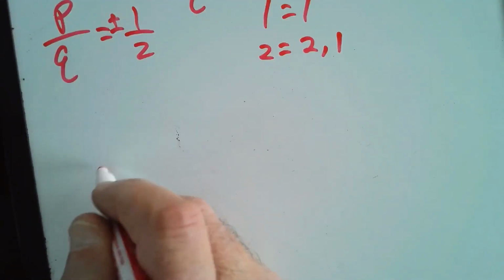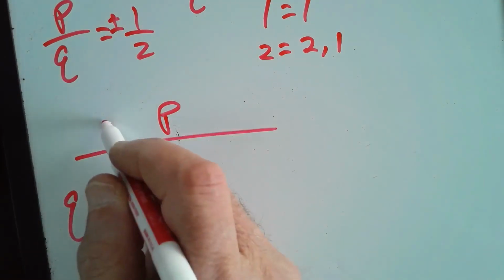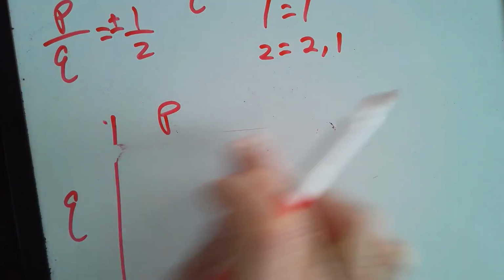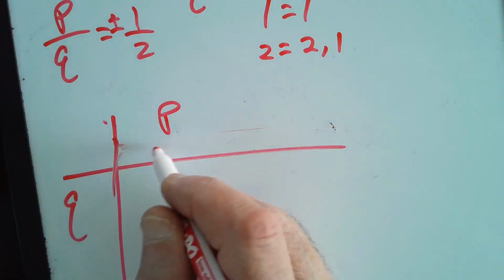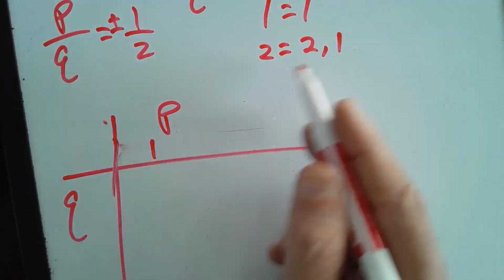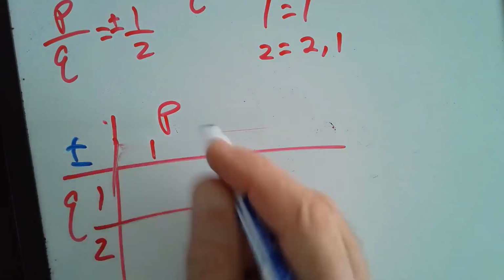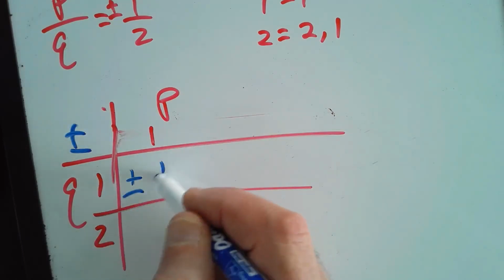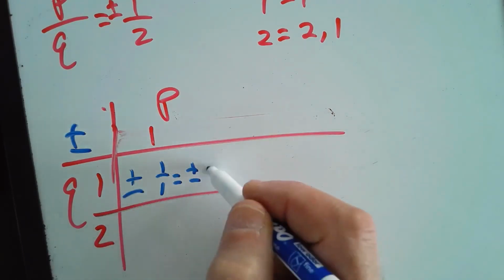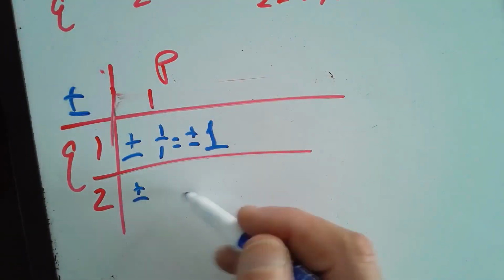I like to use the table method where P is on the top and Q is off to the side. Factors of 1 is just 1. Factors of 2 are 1 and 2. You use plus or minus here. So this will be plus or minus 1 over 1, which is just plus or minus 1, and this will be plus or minus 1 over 2.